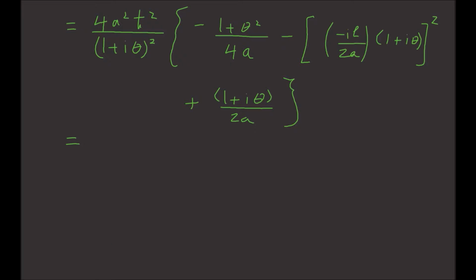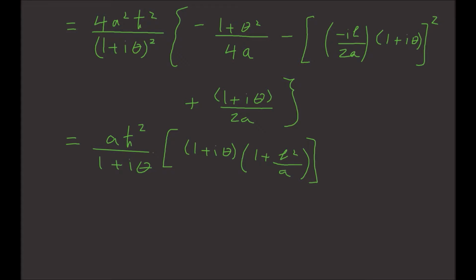Let's simplify two more steps. So this is going to be equal to a times h bar square divided by 1 plus I theta times 1 plus I theta times 1 plus L square divided by a, close parentheses, close brackets.